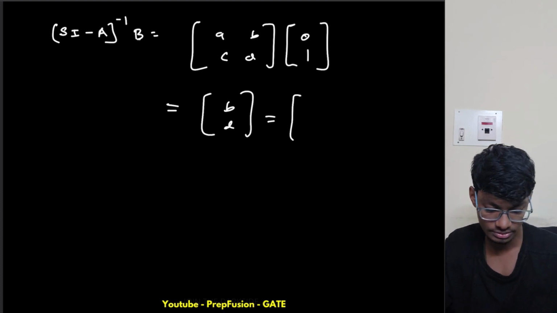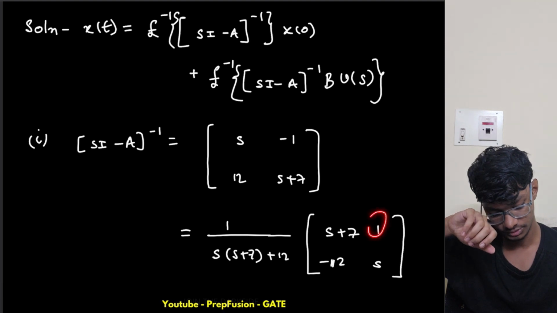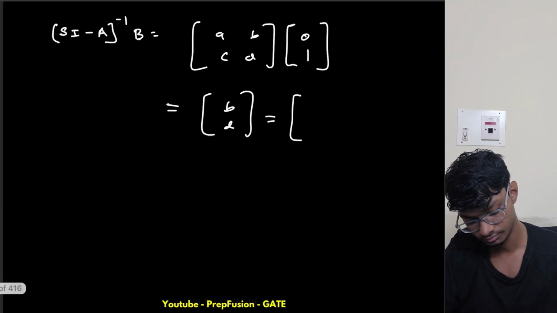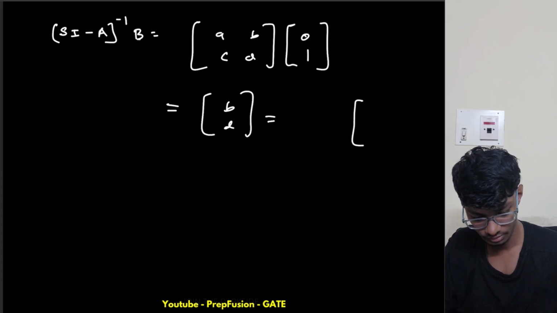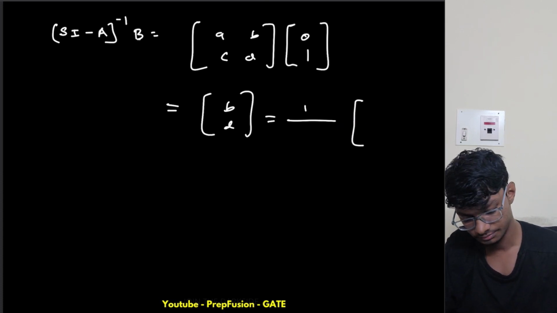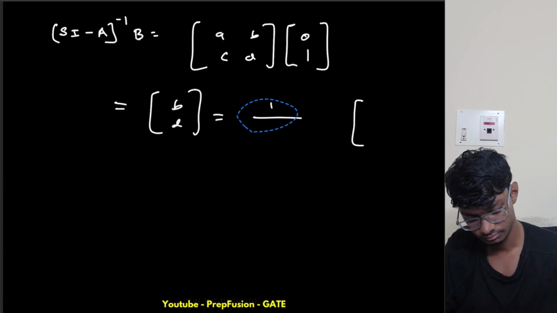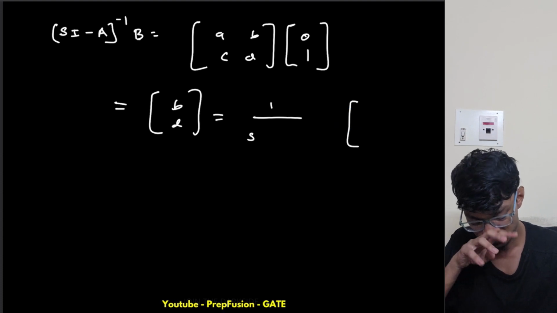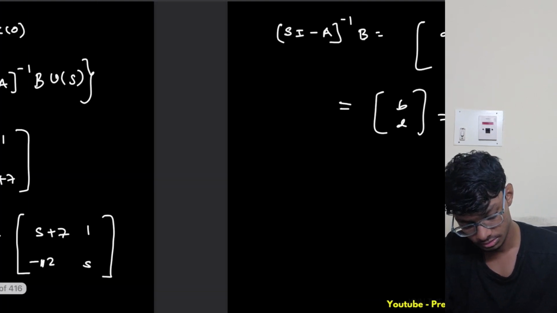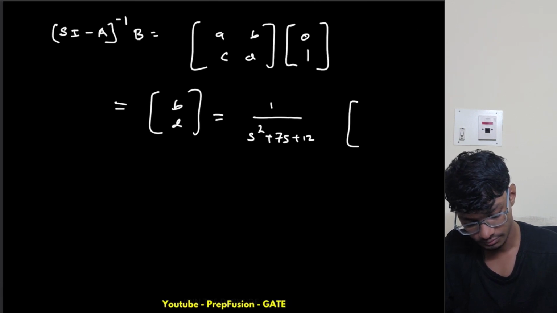So what are the last two elements? The last two elements are this one and this. This element is s square plus 7s plus 12.